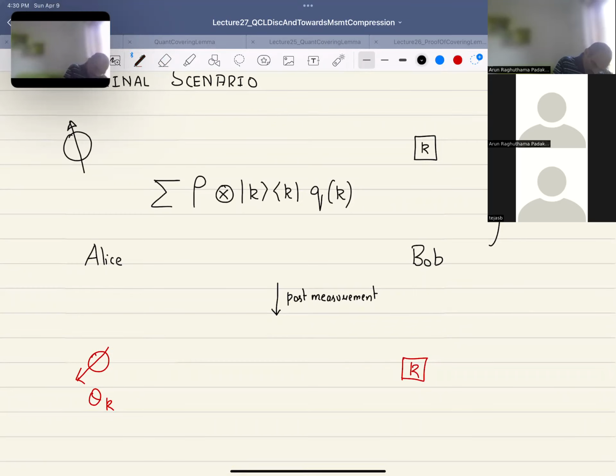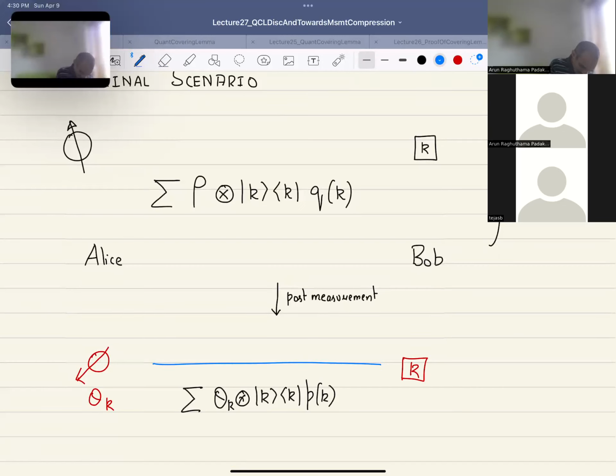Now I have theta K tensor |K><K|, P of K. And there is a wire here. So the wire has to communicate how many bits? I claim the wire has to communicate so many number of bits.